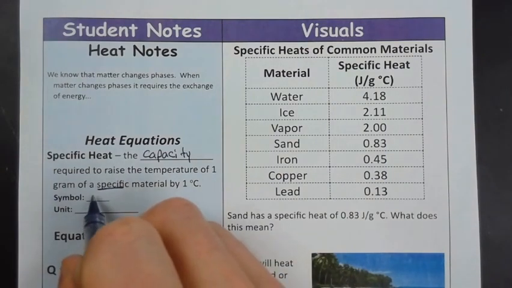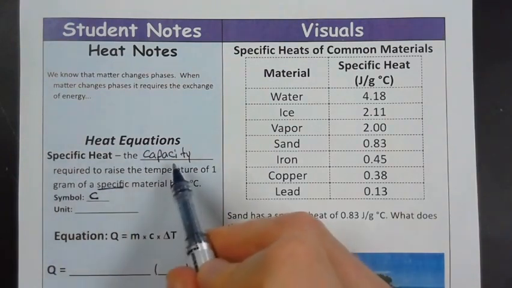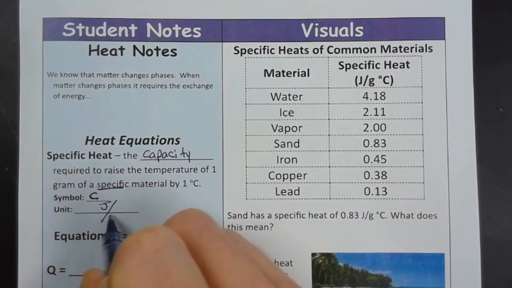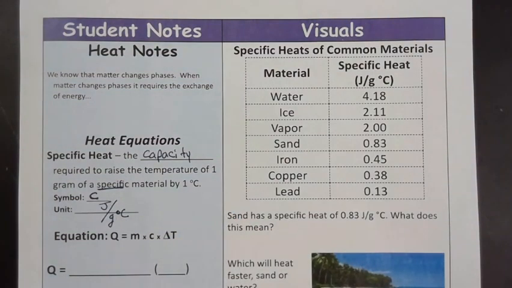So the specific heat symbol is a lowercase c because it's a capacity, and the units for that is the amount of energy, joules, per gram of material per degree of temperature change. So it's a combination of the three values that we need to equate in order to determine either the energy required, the mass, or again, the temperature change that we want.